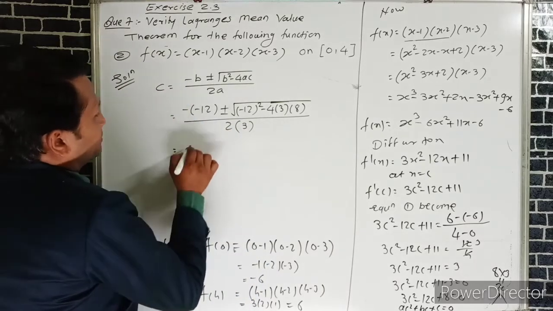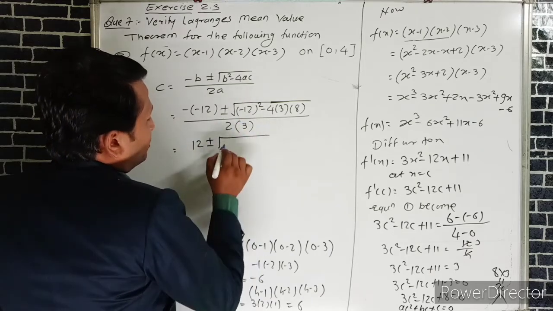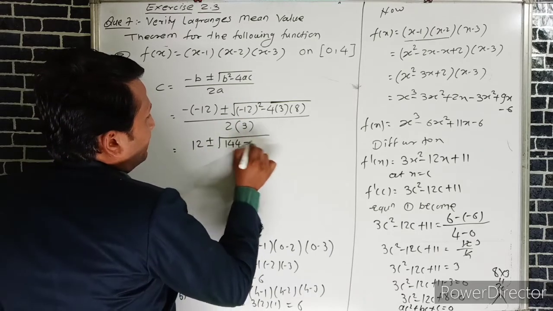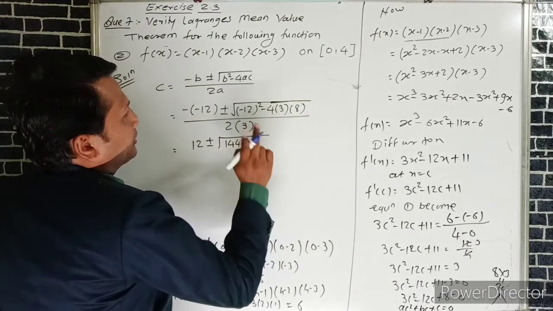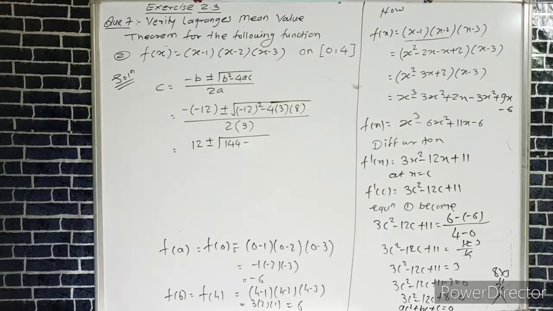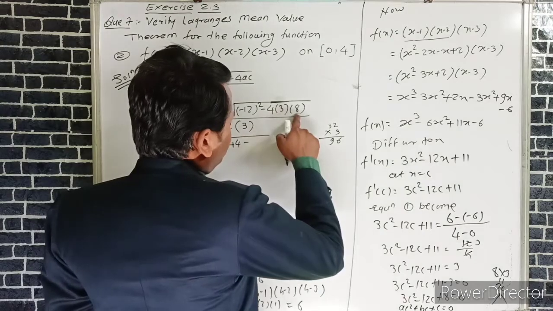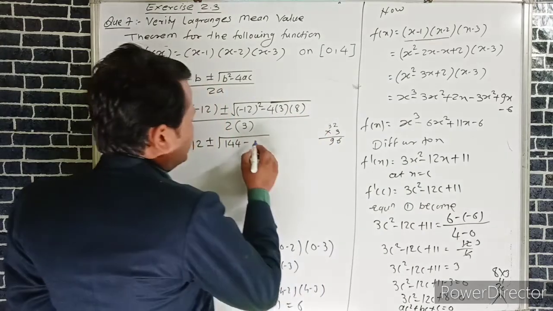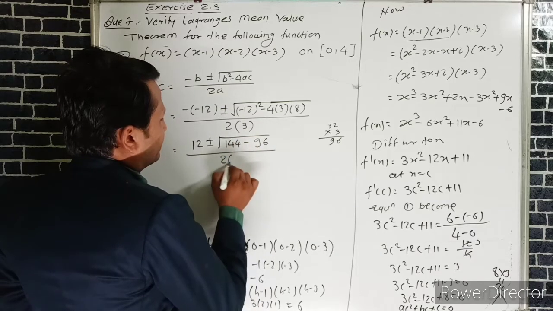Again, minus minus is plus 12, plus minus under root of the square of minus 12, which is 144, minus 8 into 3 which is 24, 24 into 4, which is 96, upon 2 into 3.